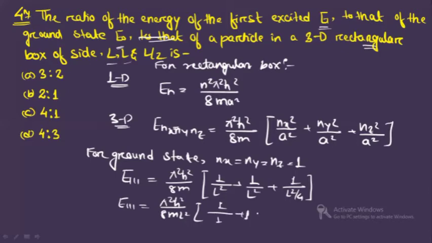Here also you will have 1 plus here you will have 4. So if you add all of them, you will get 6. So 6 pi square h cut square by 8 m L square. This is the energy for the ground state.